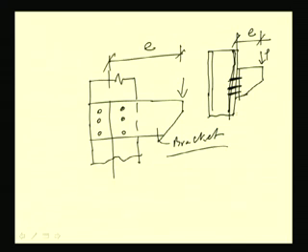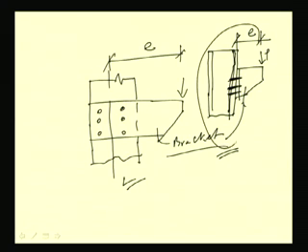So this is again a bracket. One is load lying in the plane of the rivet and one is load lying perpendicular to the plane of the rivet. For these cases either we can go for this type of bracketed connection or we can go for sheet connections. So first we will discuss the unstiffened sheet connection.